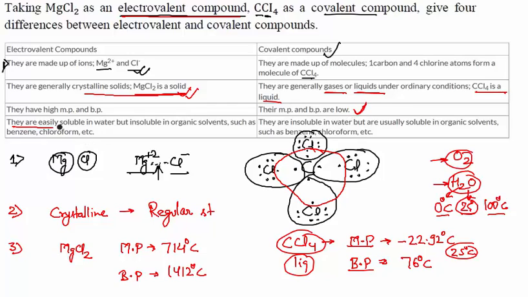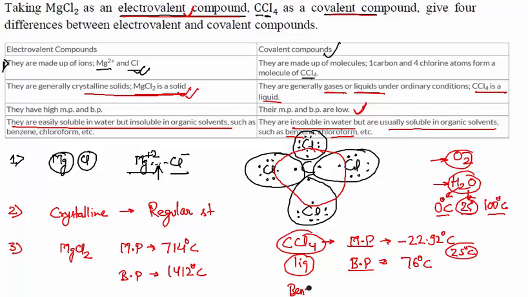The fourth point is that electrovalent compounds are easily soluble in water but insoluble in organic solvents. Always remember, electrovalent compounds are easily soluble in water, and covalent compounds are insoluble in water but usually soluble in organic solvents like benzene and chloroform.